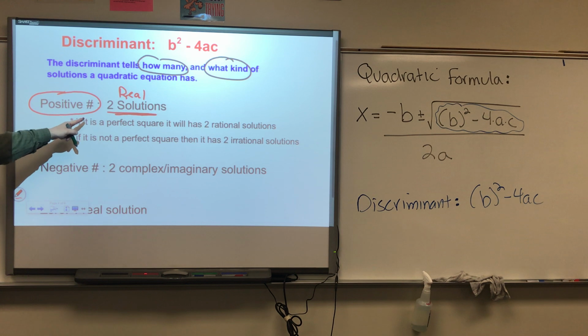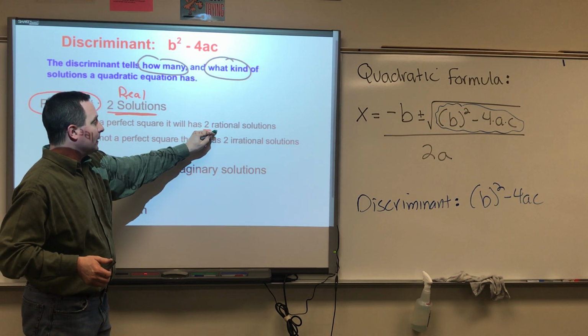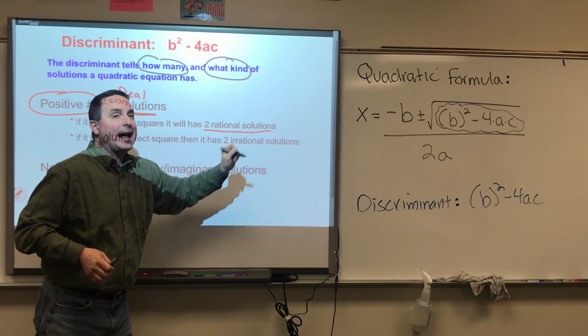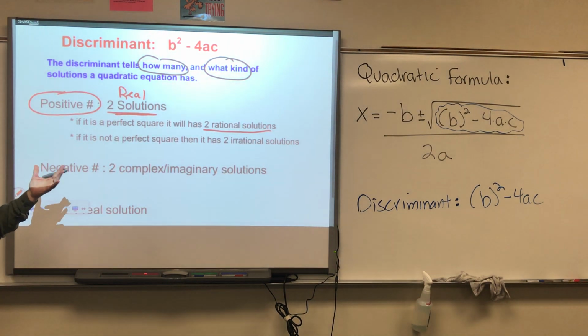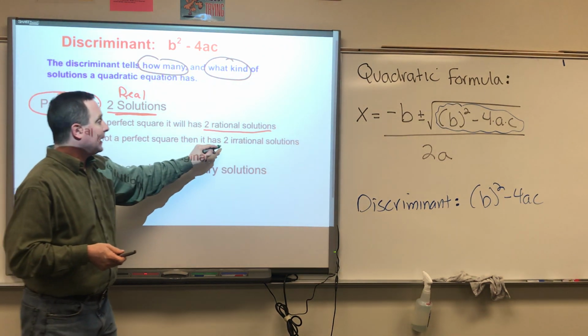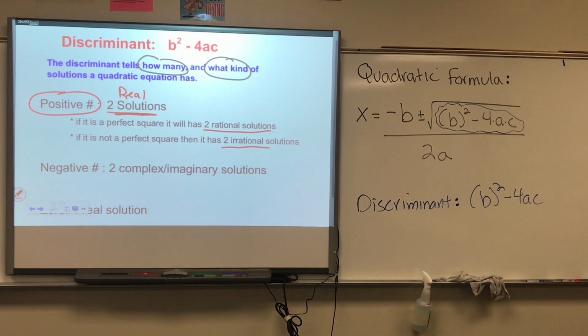If that discriminant is a perfect square, we can name it something further. It says 2 rational solutions. If it's not a perfect square, like the square root of 7 I think we saw, then it has 2 irrational solutions.